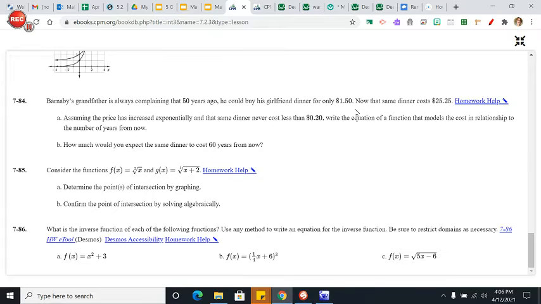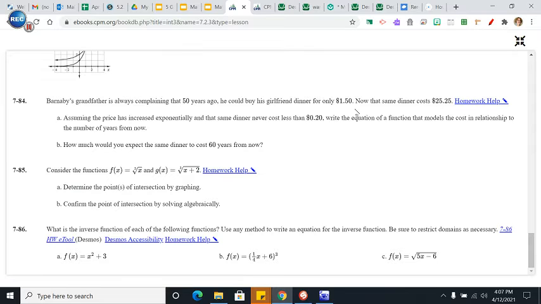So it's the same thing that we were doing just a little while ago. Okay, what do we have? We have the point. Now we could think of 50 years ago as being the starting point, or we could think of the dinner now as being the starting point, and it really doesn't matter which way you think of it.